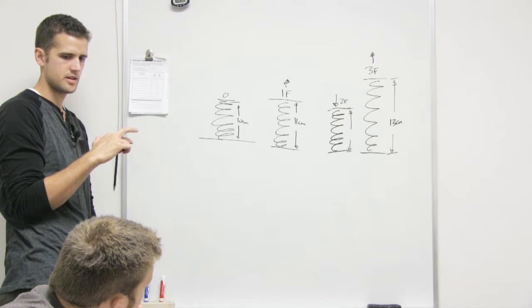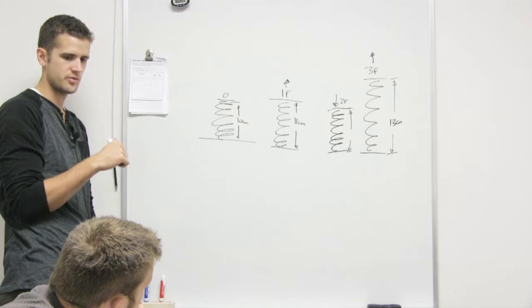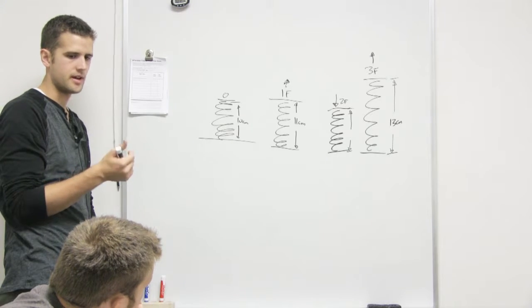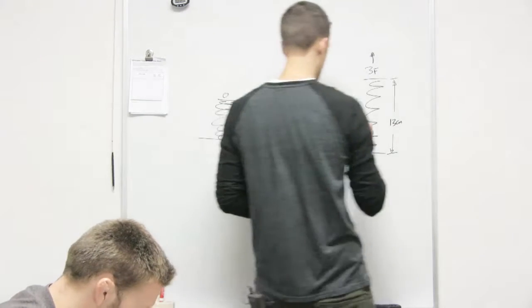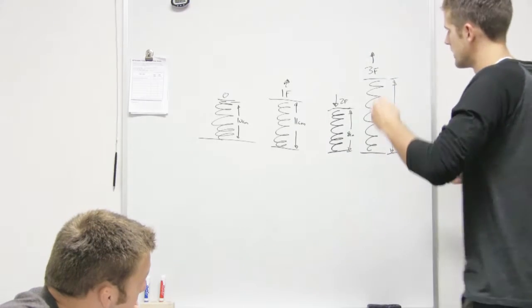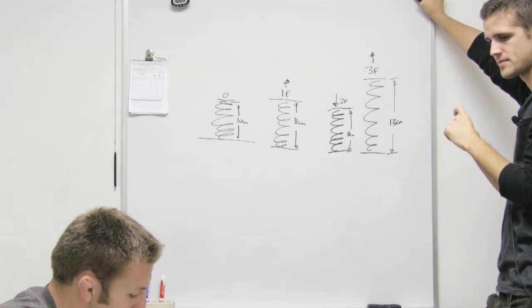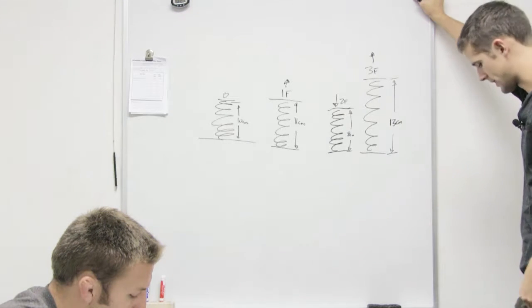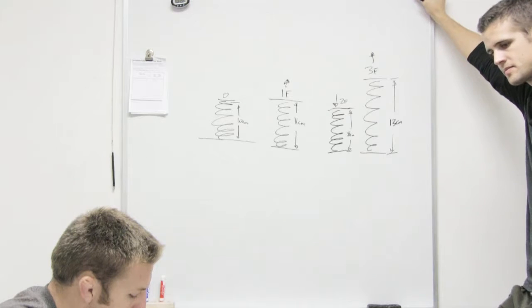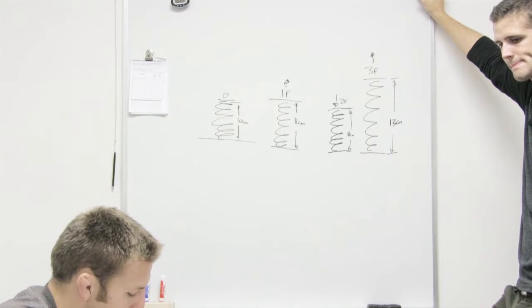So when you compress it, how far will it compress? You use 2 force, so 8. Either direction that you go, either tension or compression, if it's obeying Hooke's law, it'll always stretch or compress by the same distance.